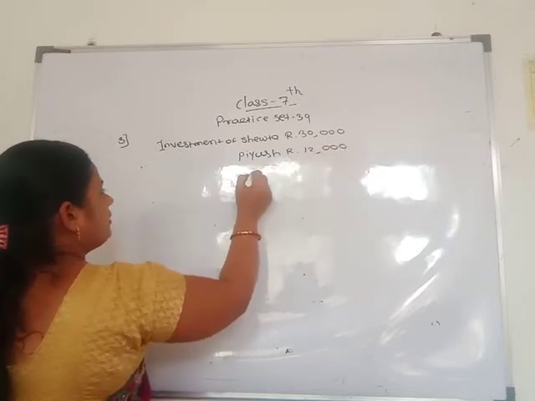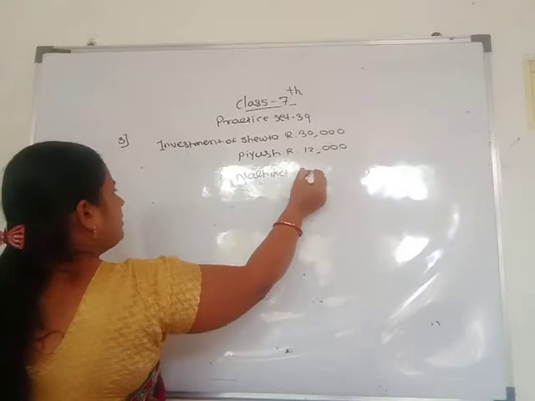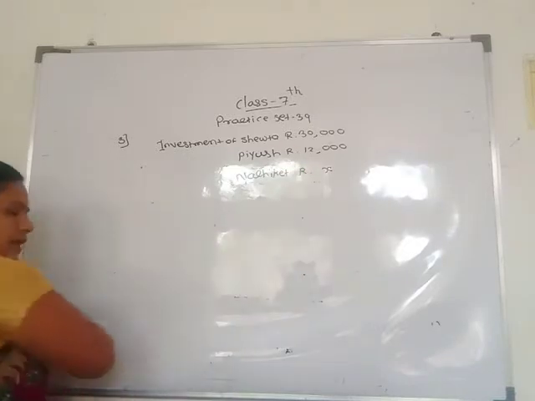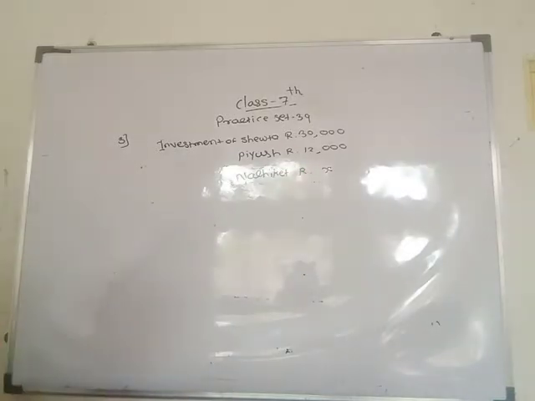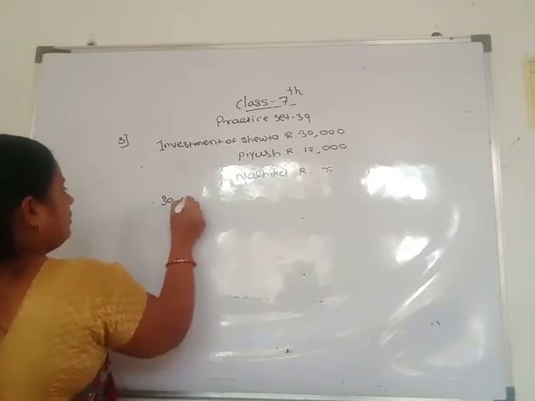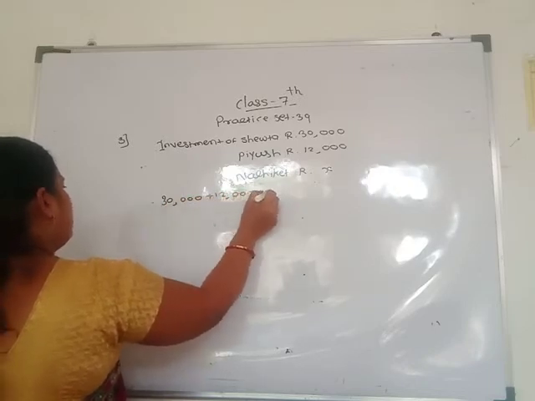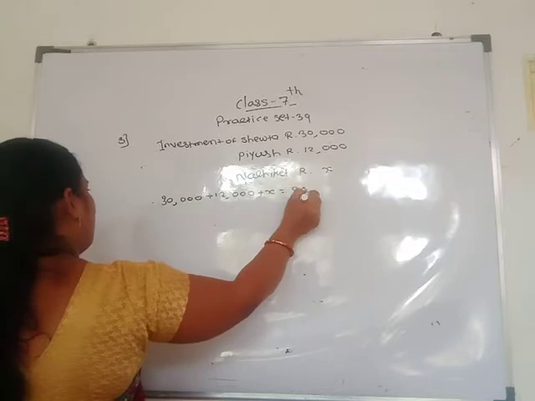Then Nachiket, rupees X. You take X rupees. Then the total investment given is 80,000. Then you do addition: 30,000 plus 12,000 plus X is equal to 80,000.